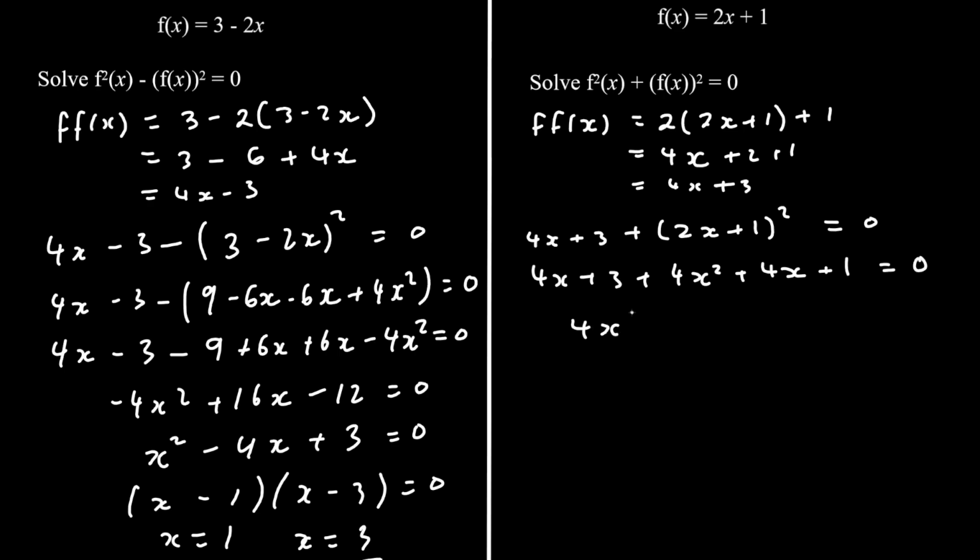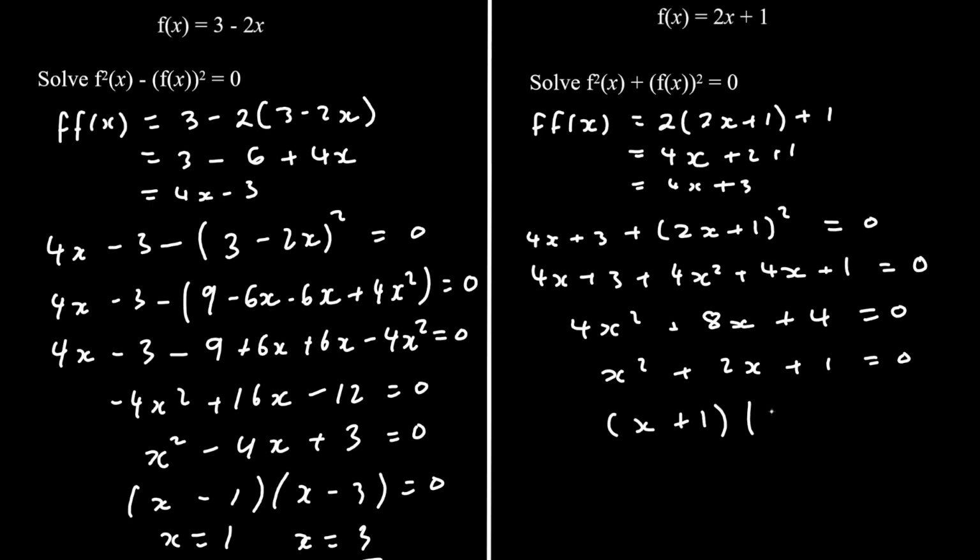So we have 4x squared plus 8x plus 4 equals 0. Dividing through by 4, we get x squared plus 2x plus 1 equals 0, which is x plus 1 times x plus 1. So x is negative 1.